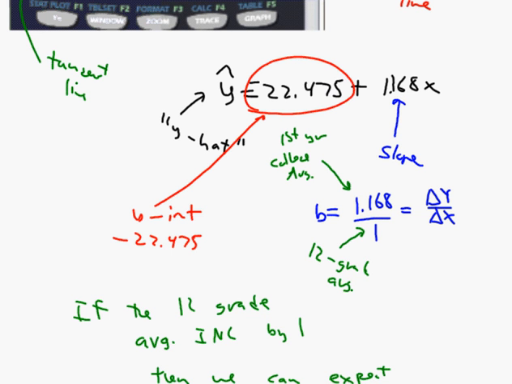And in some questions you'll be asked, what does the y-intercept mean? Well, if we're talking about a y-intercept, we automatically know that x must be 0, because the only way you can cross the y-axis is if x is 0. So the y-intercept in this case means that if my 12th grade average was a 0, then I could expect my average for my first year of college to be negative 22.475.